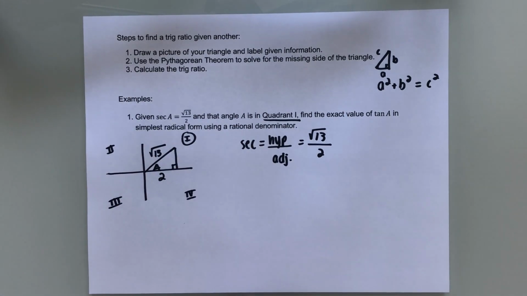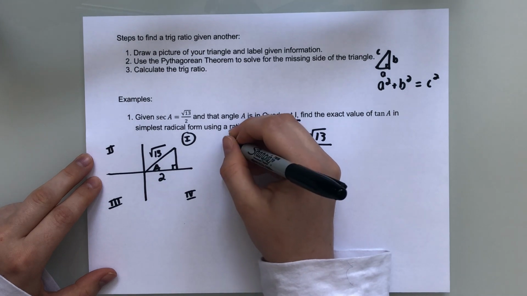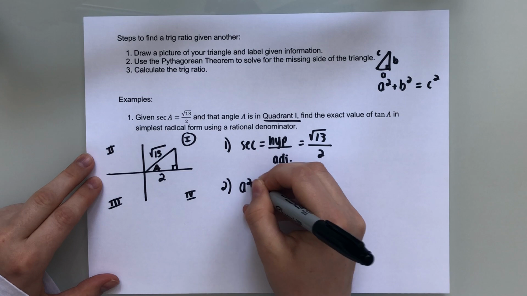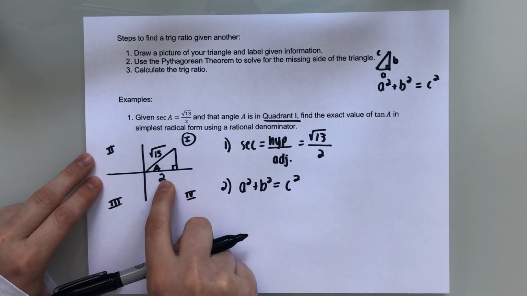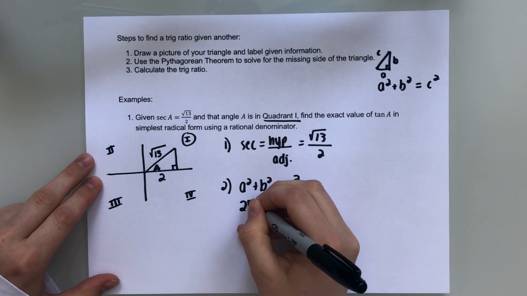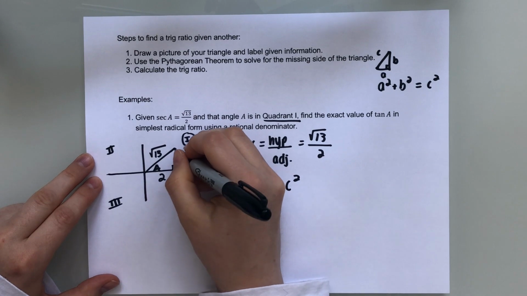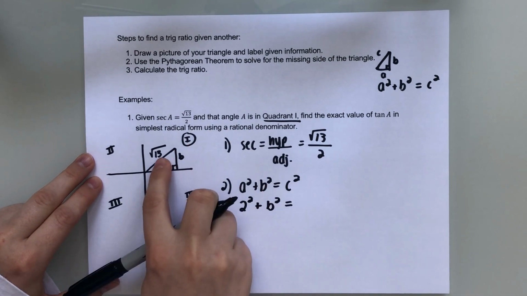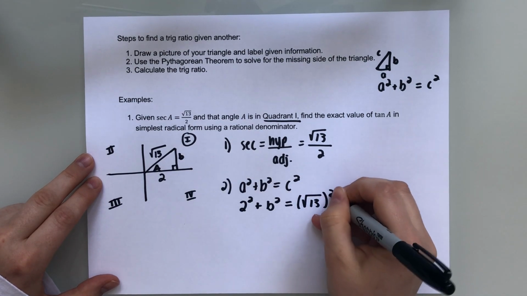Step 2 is that we need to use the Pythagorean theorem to actually solve for the missing side of that triangle. So this was our step 1. Step 2, we're going to use a squared plus b squared equals c squared. One of the legs of our triangle is 2, so we have 2 squared plus, we don't know this side, so that's going to be b, b squared equals, and c is always the hypotenuse, so we have square root of 13 squared.